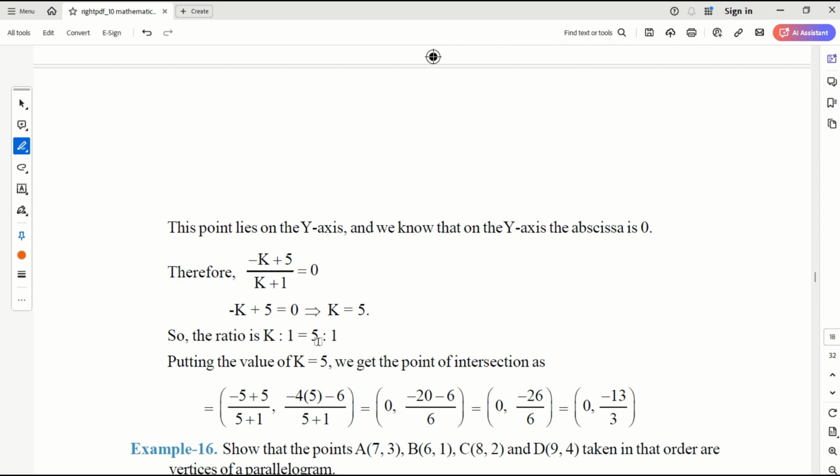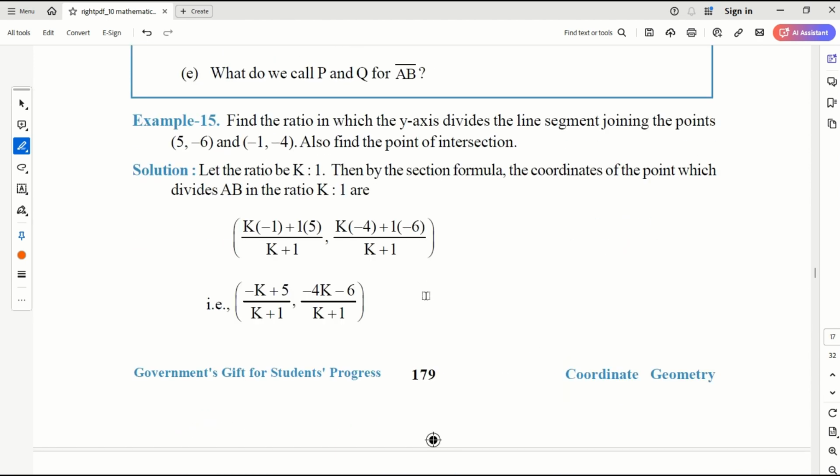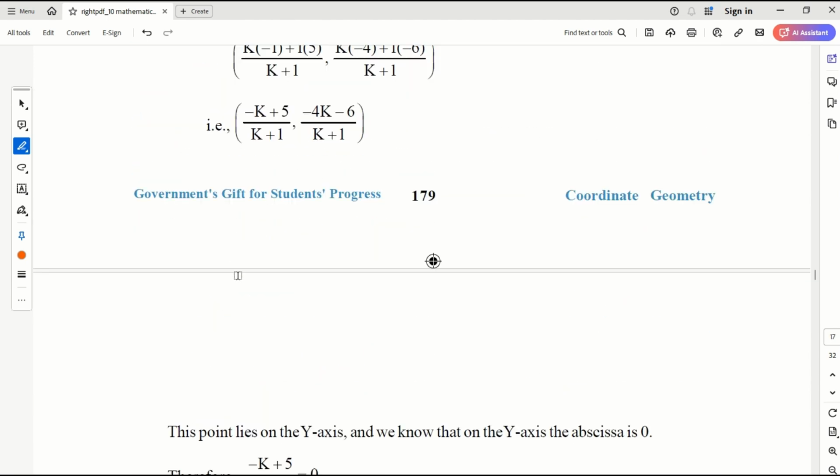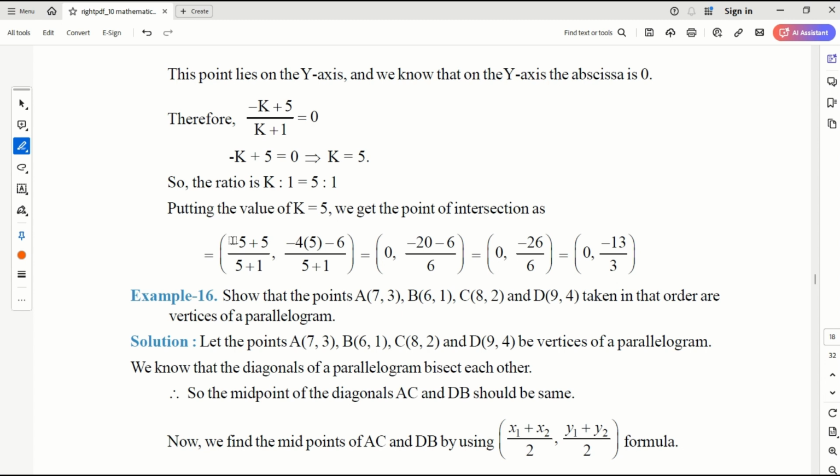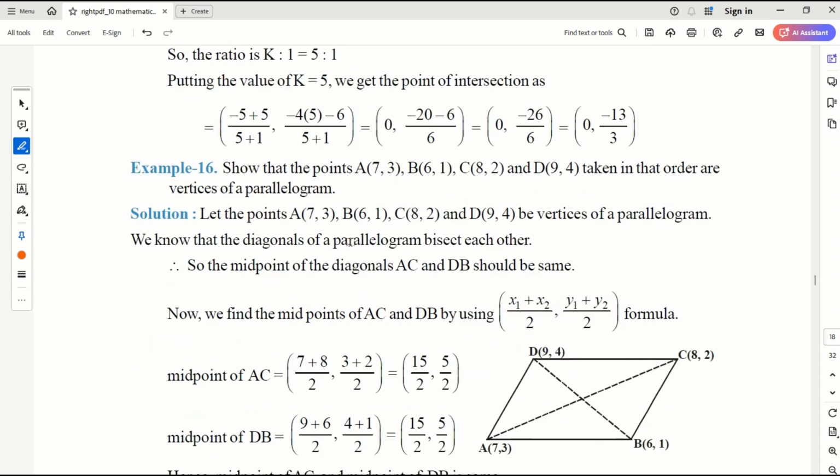So k:1 is 5:1. So y-axis divides these 2 points in 5:1 ratio. You can cross check by substituting the value. Then you will also know the point of intersection. Okay. Next.